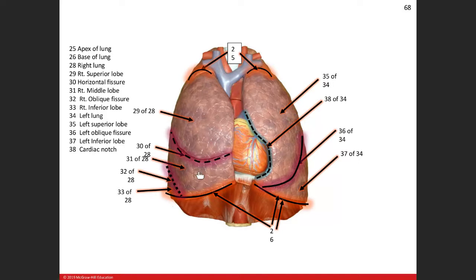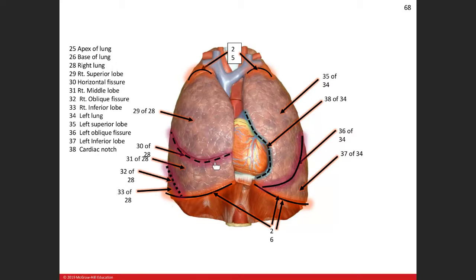This is the right superior lobe, this is the right middle lobe, and this is the right inferior lobe. Granted, the left doesn't have a middle lobe, but better to be safe than sorry. Just put right middle lobe. Over here is the left superior lobe, and then the left inferior lobe.